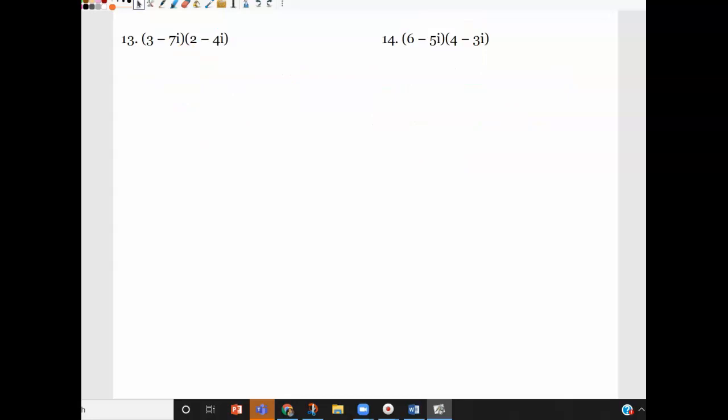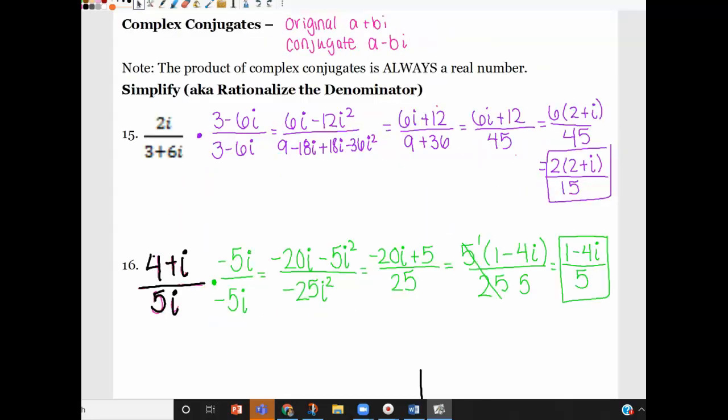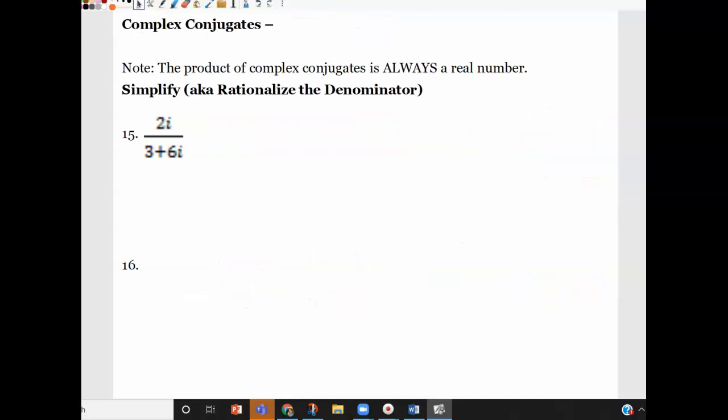That leads into the last part of the lesson, which is a complex conjugate. A complex conjugate says that the original is a plus bi. The complex conjugate is a minus bi.